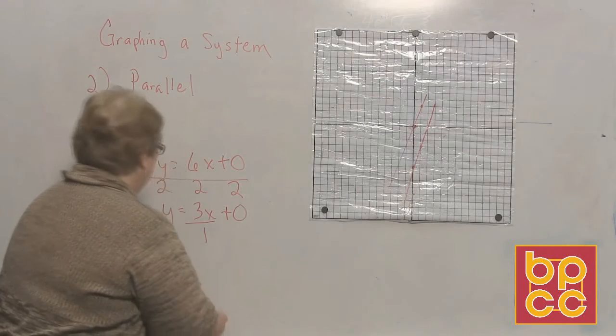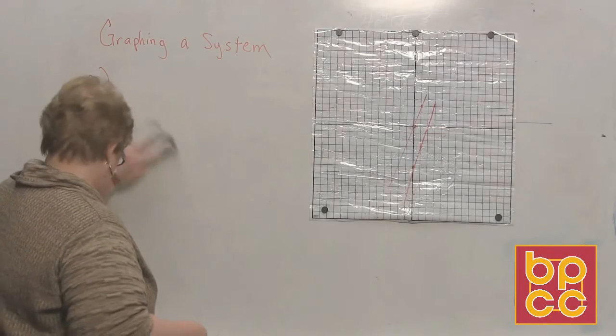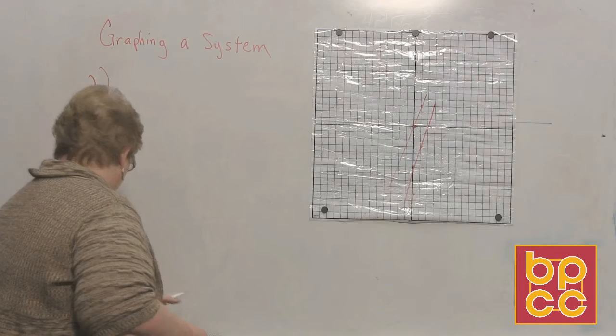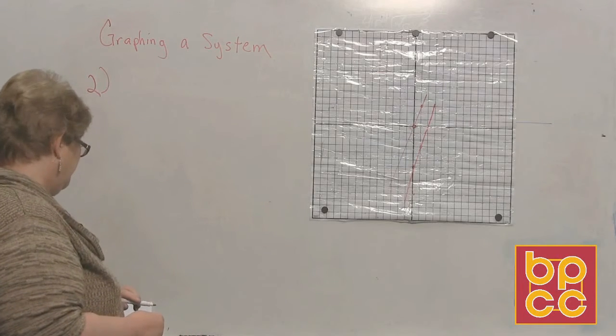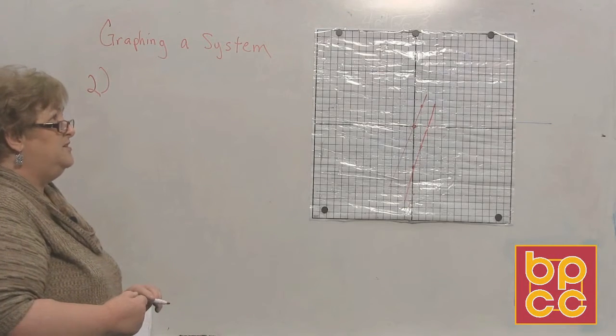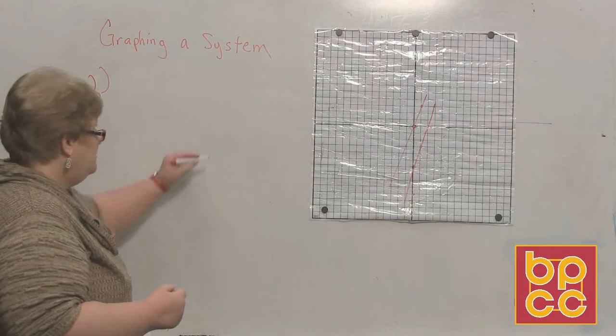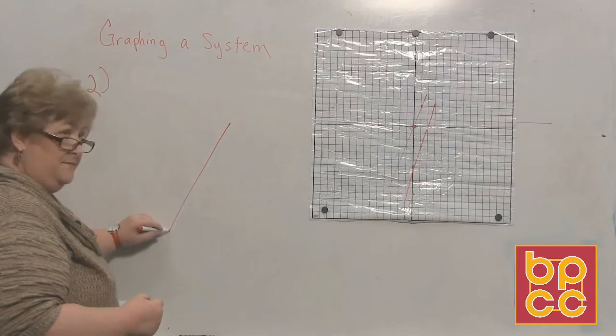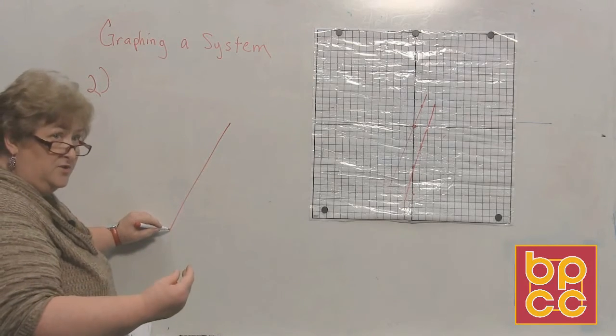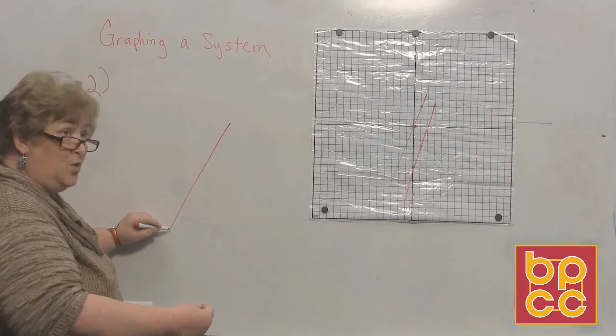Okay? Now, the third thing that can happen, well, let me put it to you this way. We're going to graph a line, the first equation. Then we're going to do the second equation and graph it.